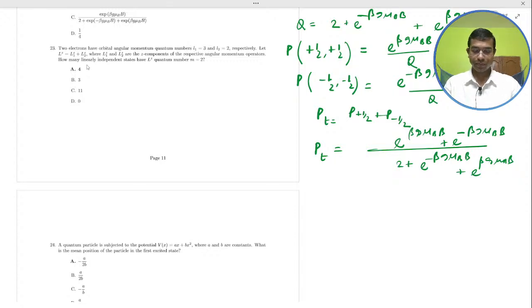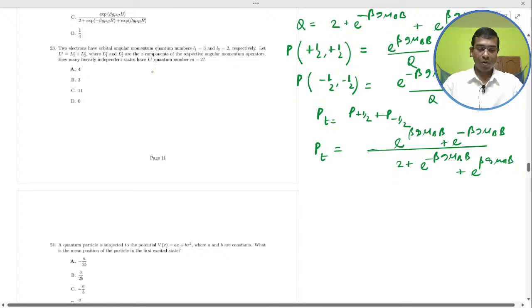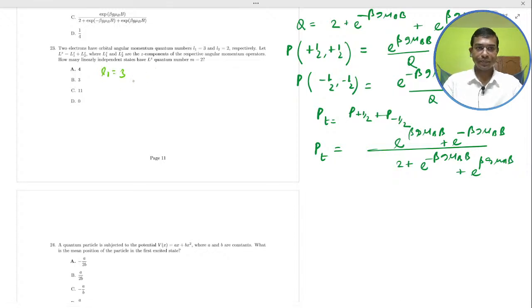So now for L1 equal to 3, m1 values are minus 3, minus 2, minus 1, 0, plus 1, plus 2, plus 3. L2 equal to 2, m2 is what?